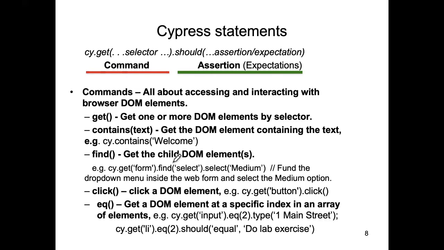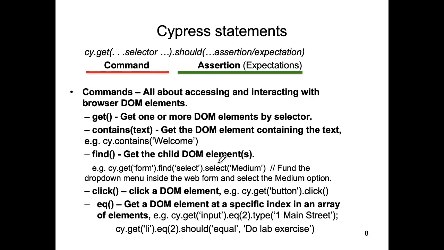So this is a way of getting Cypress to identify a DOM element that is a child of some other element. Well, just for completeness, all I'm doing here is picking out the drop-down menu within the form, and I'm assuming there's only one.